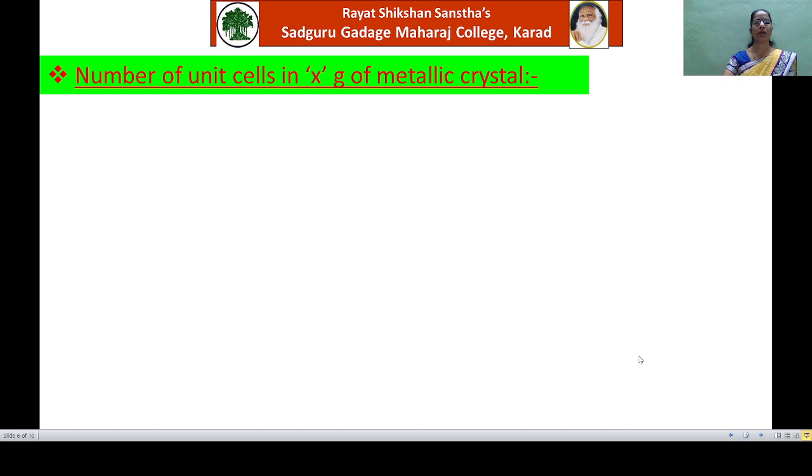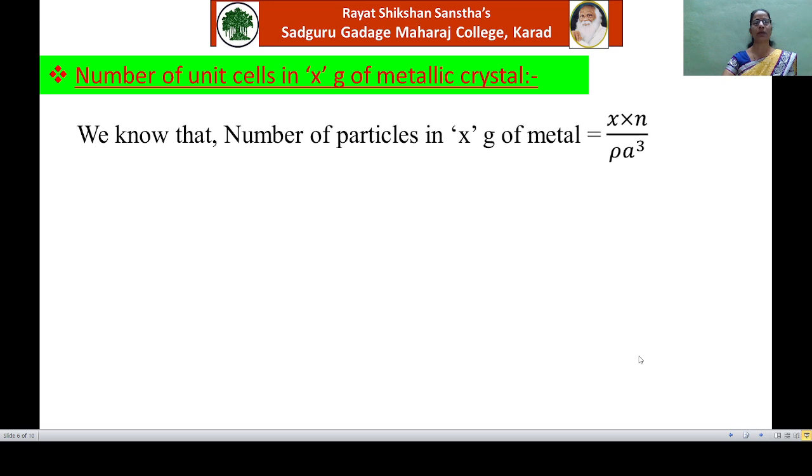Now, let's count the number of unit cells in x gram of metallic crystal. Here we know that the number of particles in x gram of metal is equal to x into N divided by rho into a cube.